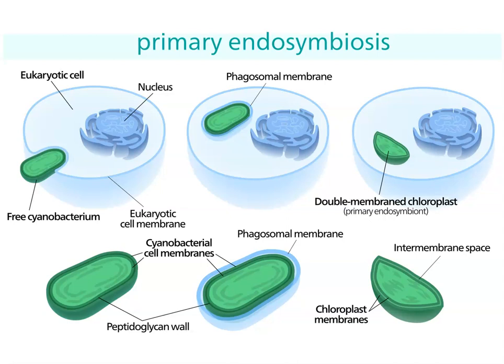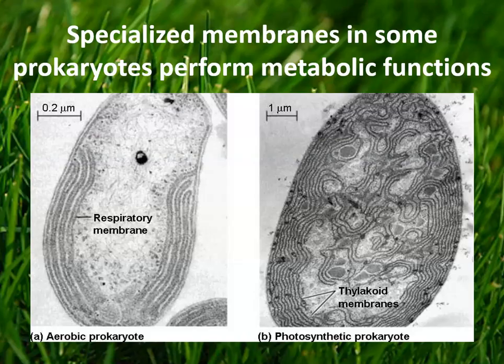It's a really fascinating theory about how a eukaryotic cell came to have chloroplasts or mitochondria, because those in and of themselves could potentially live independently, as we see these prokaryotes that have the membranes on which they can make their own food or make their own ATP.